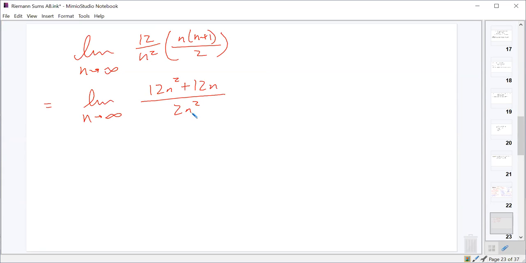So it's a rational function, and the degree of the numerator is equal to the degree of the denominator. And so this is just like finding a horizontal asymptote to the right. You just divide the leading coefficients and you get 6. Alternatively, you could factor out an n and cancel if you wanted to, and then simplify that way. Or you could use L'Hopital's rule because it's infinity over infinity.